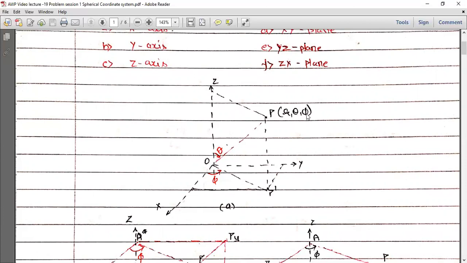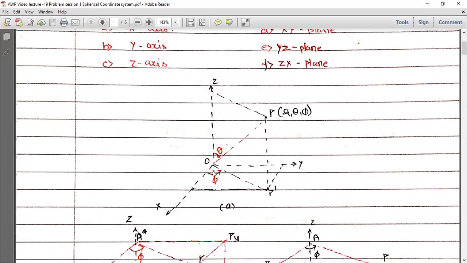Okay. For finding the third coordinate phi, we project this point P on xy plane. As you can see, I project the point P on xy plane. I found P dash on the xy plane itself. Now we join this origin O to the point P dash. As you can see here, OP dash. The angle between OP dash and positive x-axis.